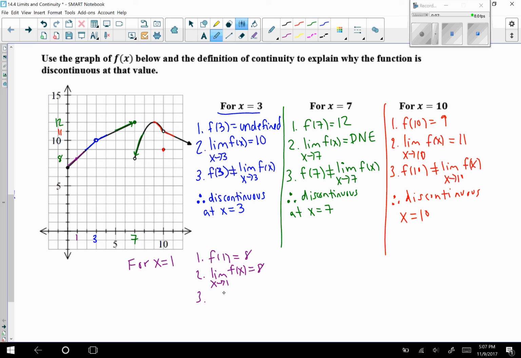And the third part would be, since f of 1 equals the limit as x approaches 1 for the function f of x, therefore, or in conclusion, the graph is continuous at an x value equal to 1.